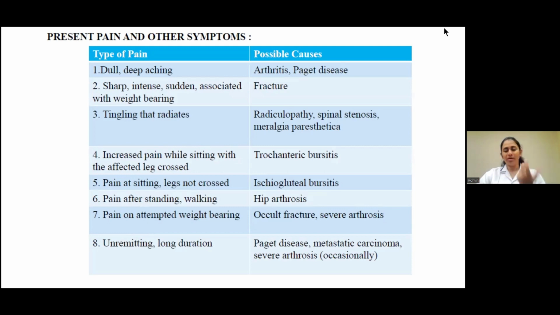Again, if there is an unremitting pain, or if the pain has been there for a very long time, it can be indicative of a neoplasia, or there is a possibility that the arthrosis is so severe that the pain does not come down no matter what.